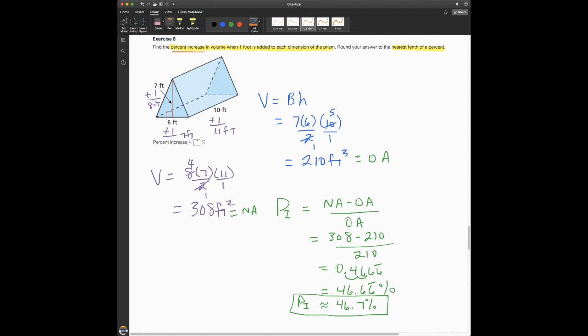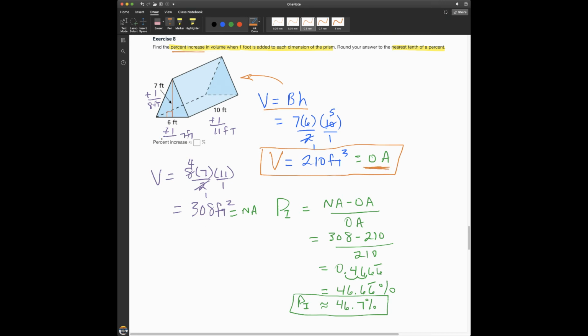But first we need to find the volume. So here's the volume of the prism before I add 1 foot to the dimensions. And so volume equals 210 cubic feet. That's my original amount.